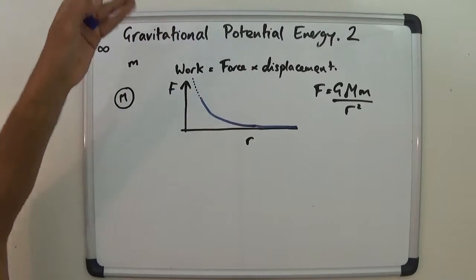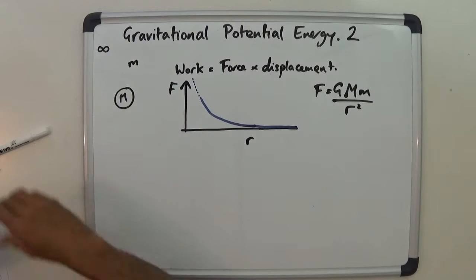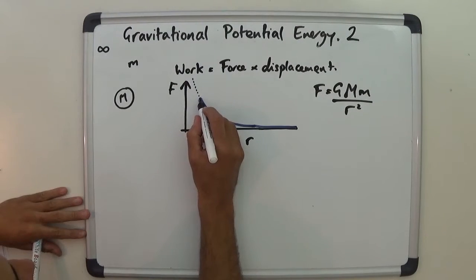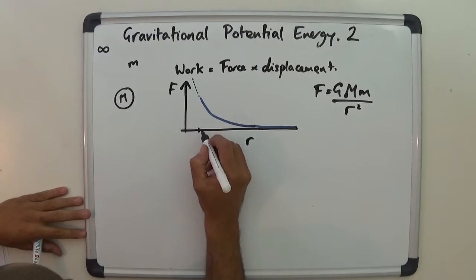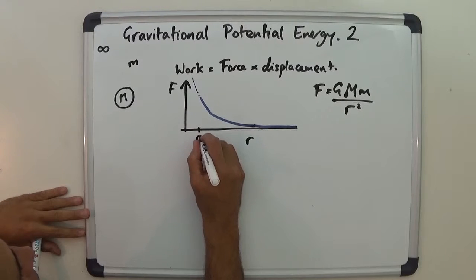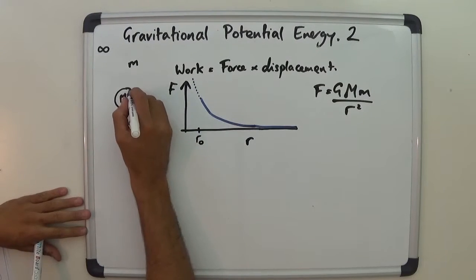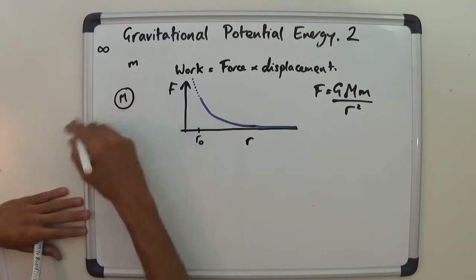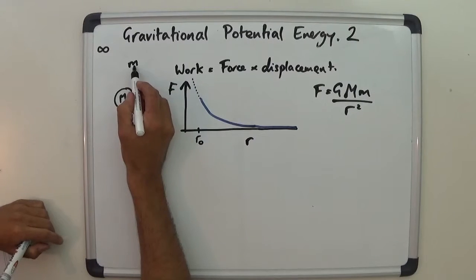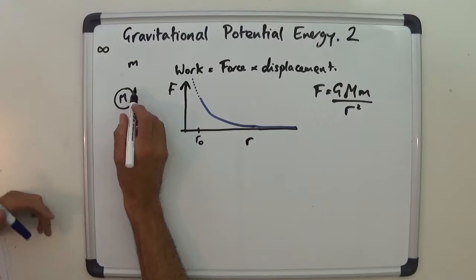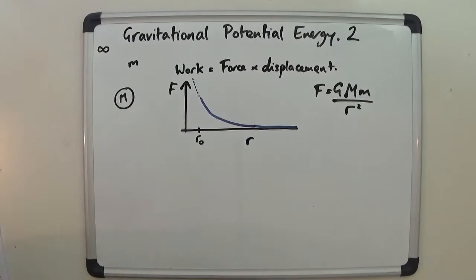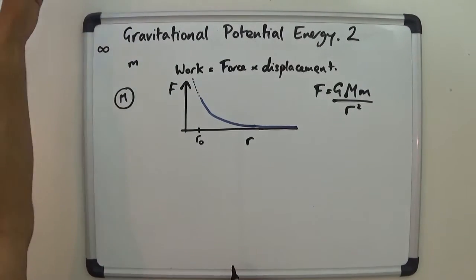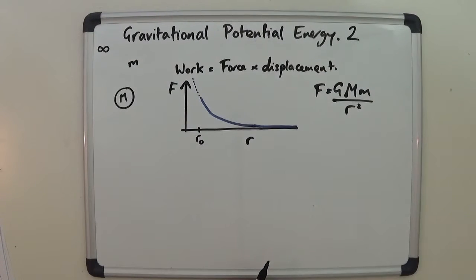This bit of the graph doesn't actually exist because we can't get the masses any closer together than we'll call R0, and R0 of course is the radius of our big mass M. But theoretically, if it was a point mass, they could go to an infinitely high force.